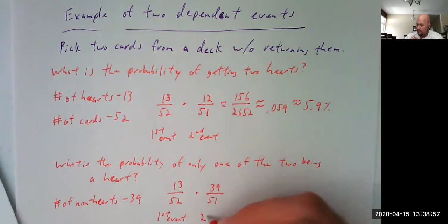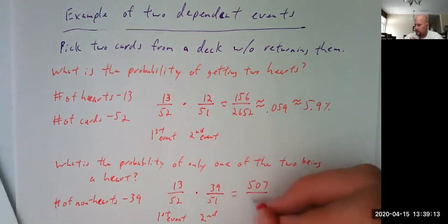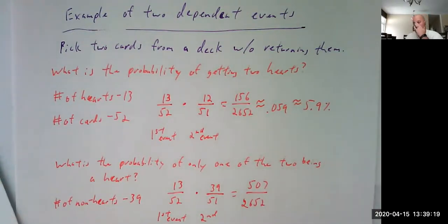So the second event is 39 out of 51. Again, we're looking for a non-heart now. So we have 507 over 2,652.